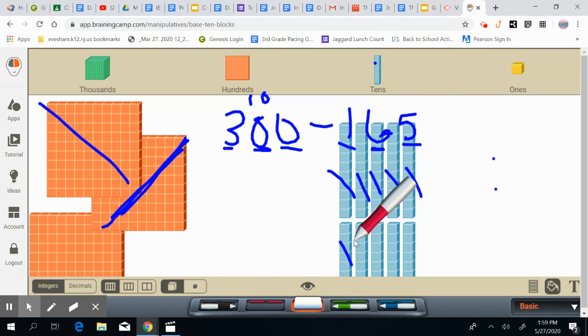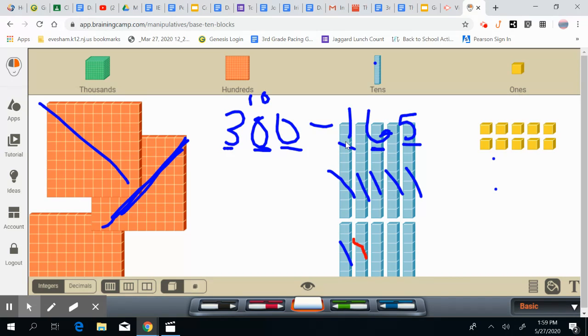Well, I can take one of these 10 rods and turn it into 10 ones. So I took one away, and now I need 10 ones: 1, 2, 3, 4, 5, 6, 7, 8, 9, 10. I have 10 ones. Can I subtract my 5 ones from my 10?